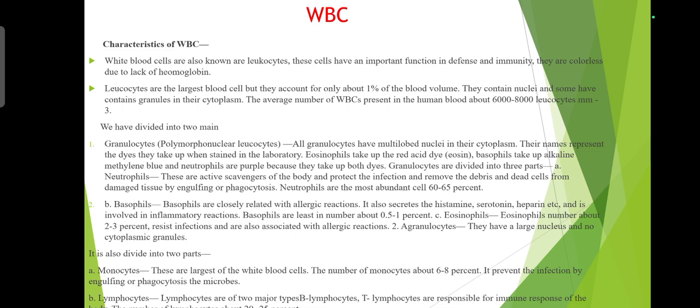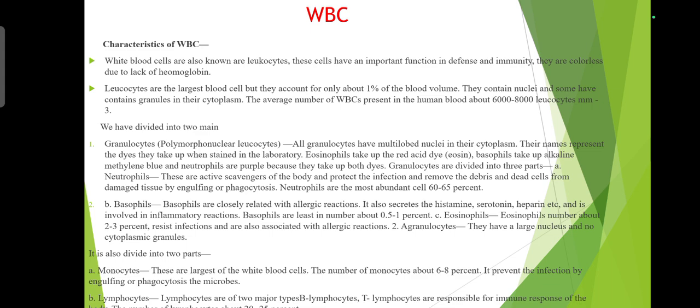They are divided into two main parts, granulocytes and agranulocytes. Granulocytes are divided into three types: neutrophils, basophils and eosinophils.